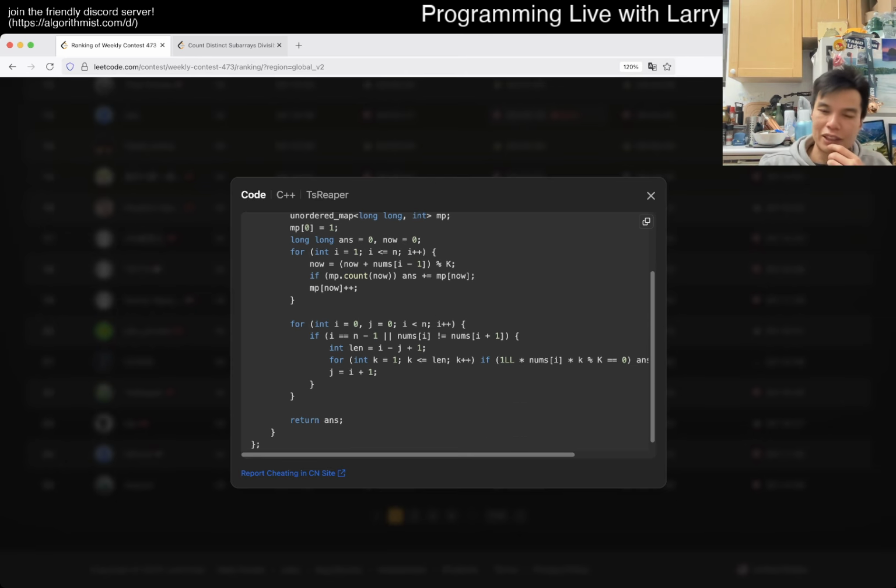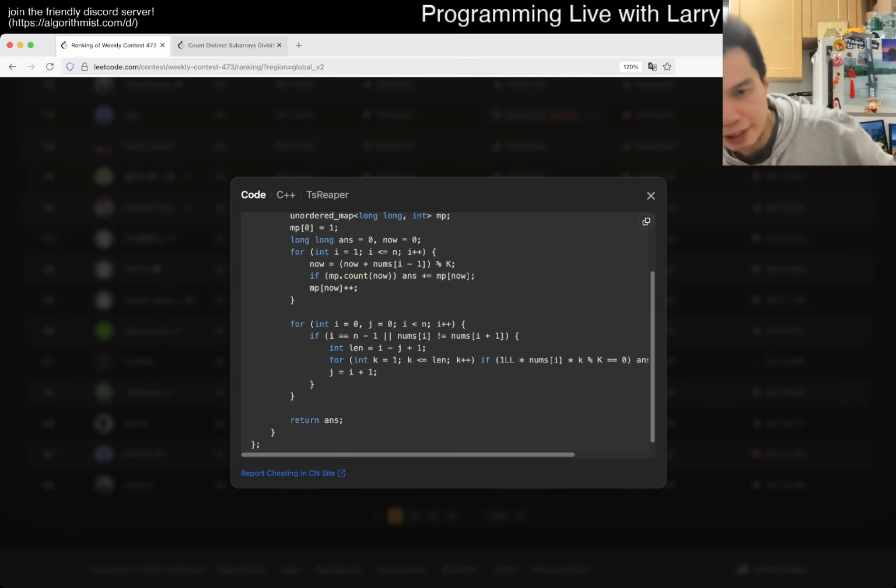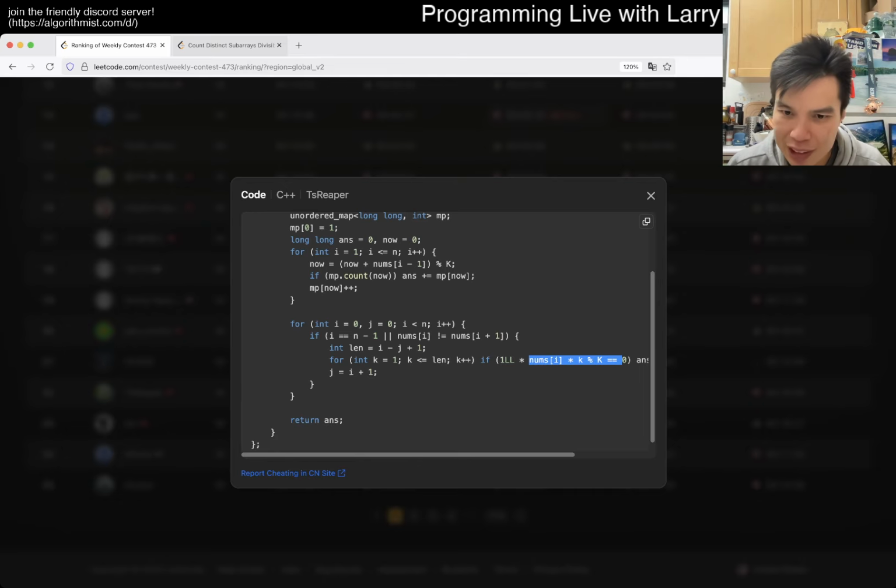This is basically the same thing as you do in two pointers: the length can only be O of n, and you just do a loop to length. So every item gets looped once, and this is just the sum where there's mod k.